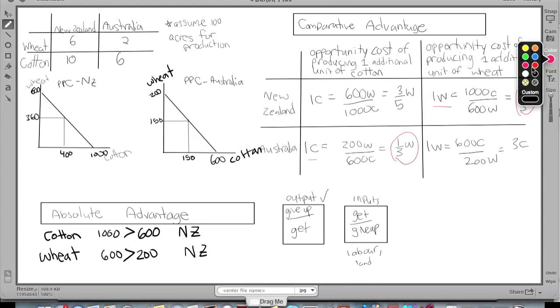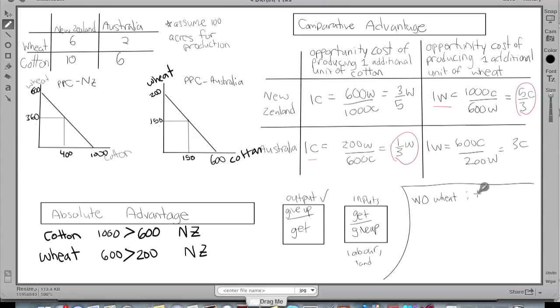So now this is just a little explanation of why free trade or world trade, let's say, is beneficial. So before, if we take a look at our numbers here, the world output of wheat was 360 plus 150.